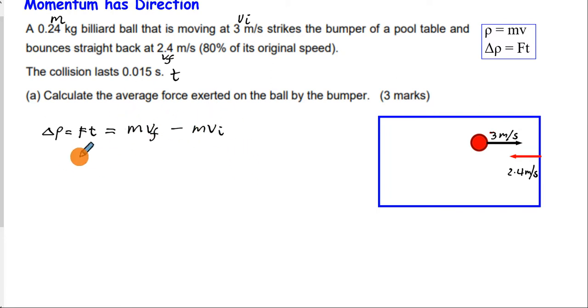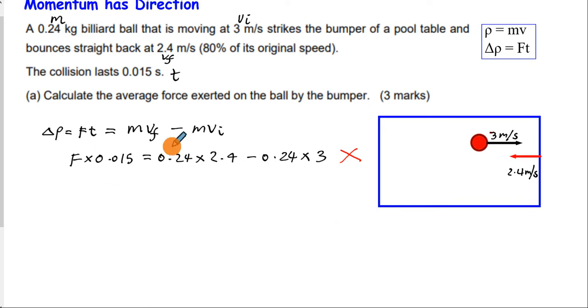And then people will put numbers in: force times 0.015 equals mass 0.24 times final velocity 2.4, and then minus 0.24 the mass times initial velocity of 3 meters per second. Everything is known, so calculate the right side, divide by 0.015 and that gives you the force, and I shall tell you this one is wrong.